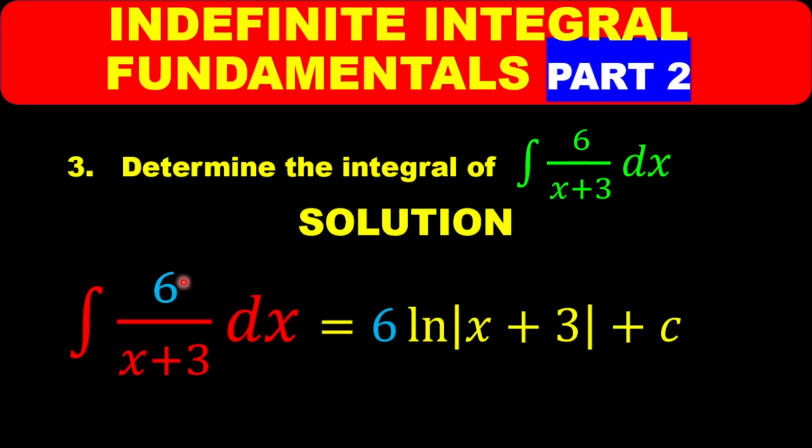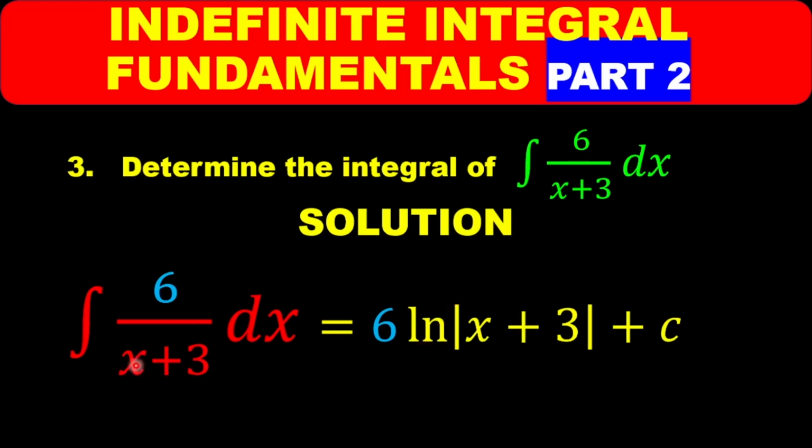Now, supposing it was 1, then the 1 wouldn't be written here because it will not make any sense. But if the number at the top is more than 1, whether positive or negative, that number must always be written here. And then the standard says that 1 over x plus anything, when you integrate it, you are getting the natural log absolute value of whatever you see down here.